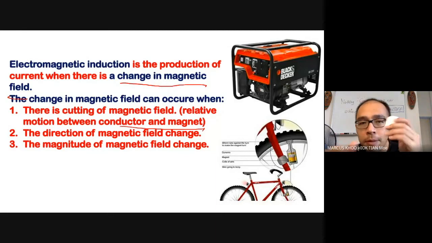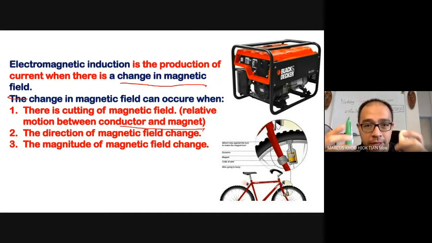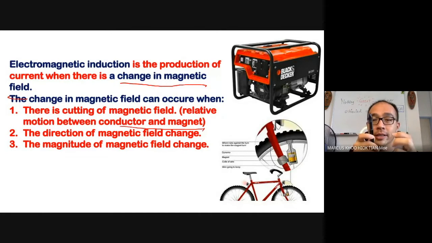We know that a permanent magnet, north-south, there is an invisible line that goes from north to south. But let's say if I take a conductor and I cut that invisible line, that is what this means. When I cut the magnetic field, there is going to be a current produced.